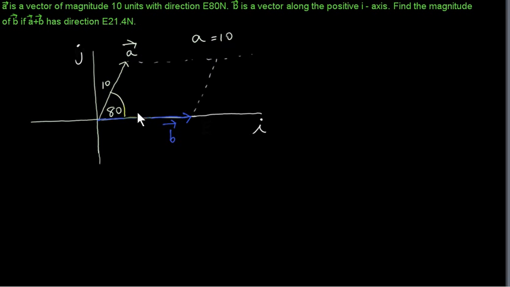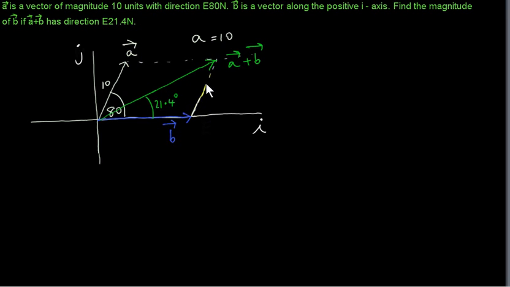To do this geometrically, we complete a parallelogram with vectors A and B as sides, and we draw in this diagonal. This is the sum of vectors A and B, and we want this angle in here to be 21.4 degrees.